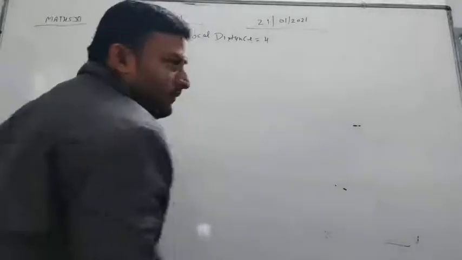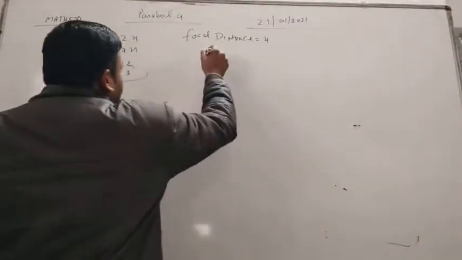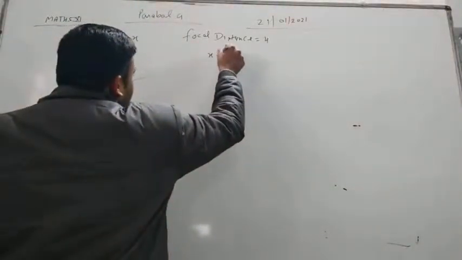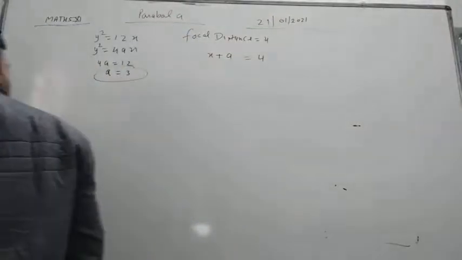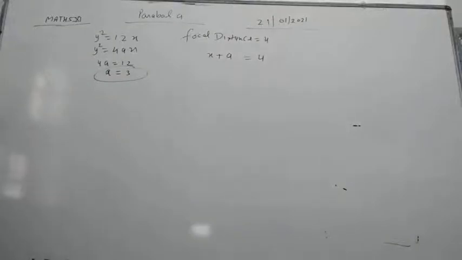Now we know that the focal distance is x plus a, which we have been given as 4, and then we have to find the abscissa of the point.